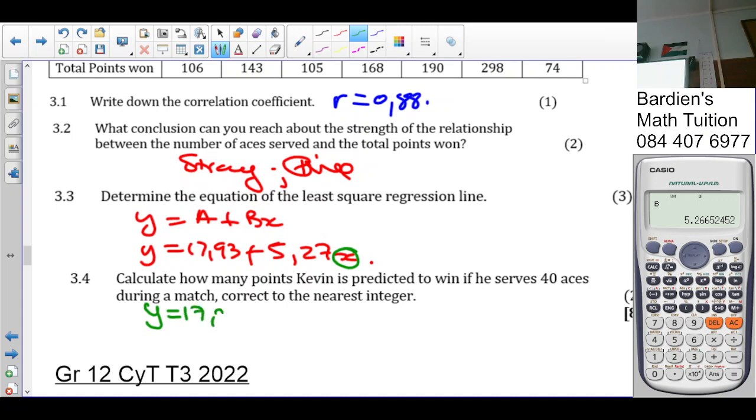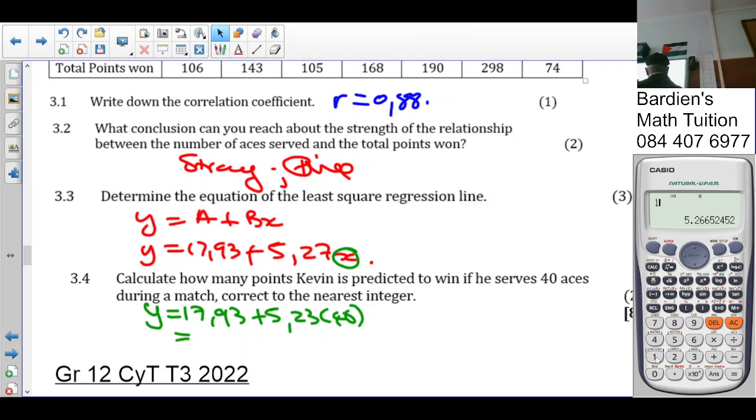So it's 17,93 plus 5,23 times 40. That gives us 17,93 plus 5,23 times 40. Gives you 227,13. Yes?